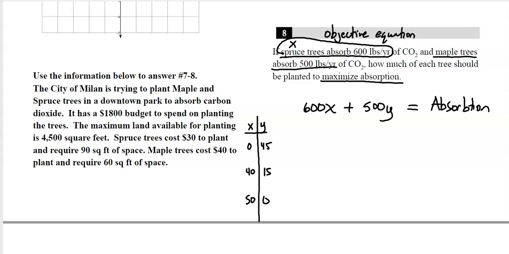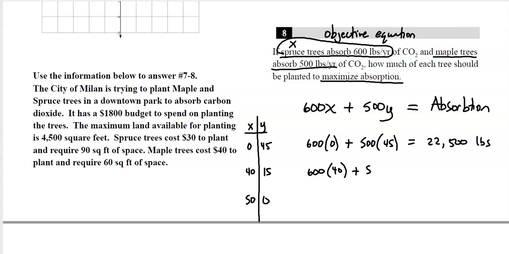If I plug in 600 times 0 plus 500 times 45, that one came out to be 22,500 pounds per year. The next one, 600 times 40 plus 500 times 15, came out to be 31,500 pounds.